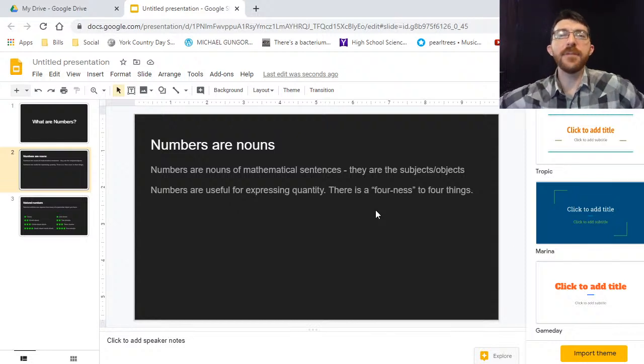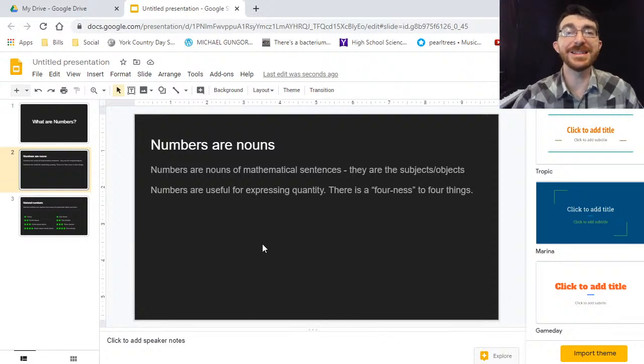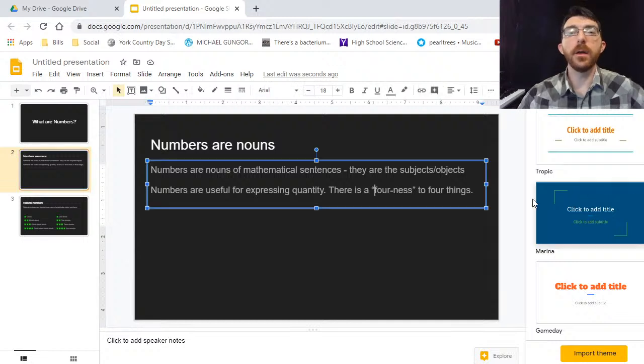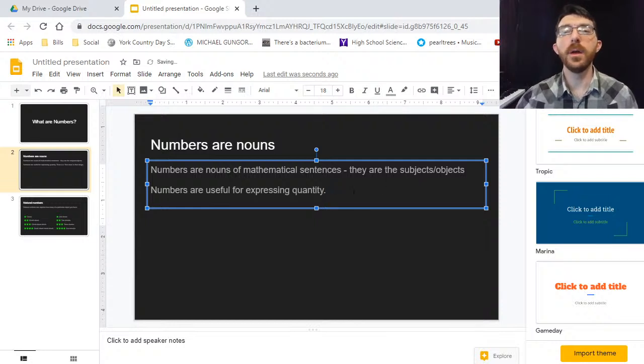Yeah. If I'm going to have an example of a number, I need to be able to also explain why that category exists. What are numbers? Numbers are the nouns of mathematical sentences. Useful for expressing quantity. This was supposed to go with the picture, so I think I'm going to do this instead.